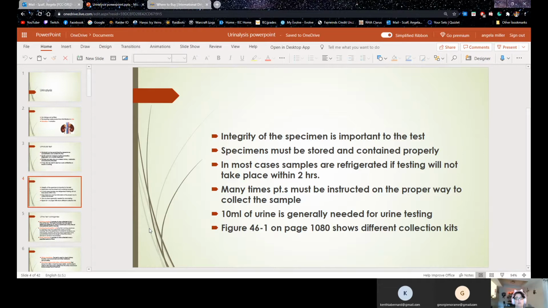Meaning that if you have a urine sample from a patient and it sits at the regular temperature of the lab, it can degrade the urine. It can actually cause crystals to form, bacteria to form. It can lose certain pH values that it needs to have for proper testing.